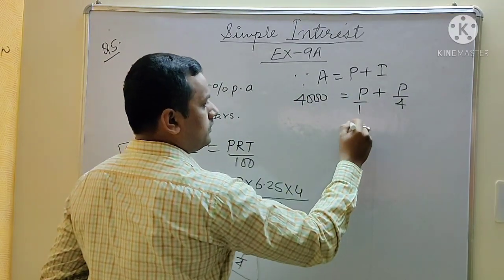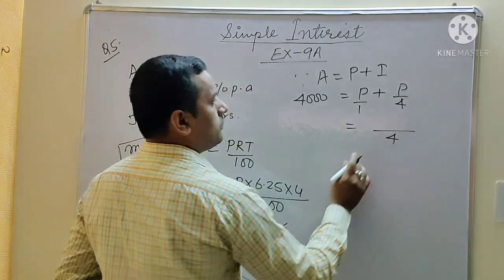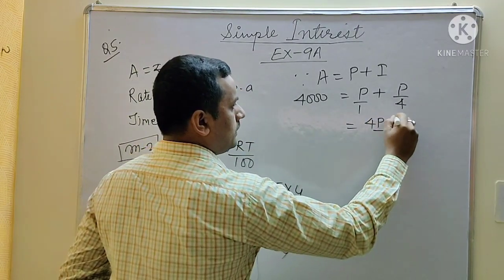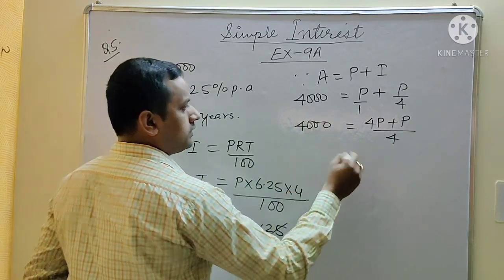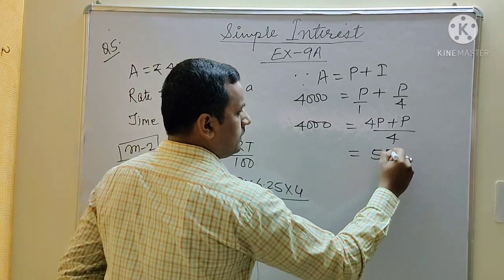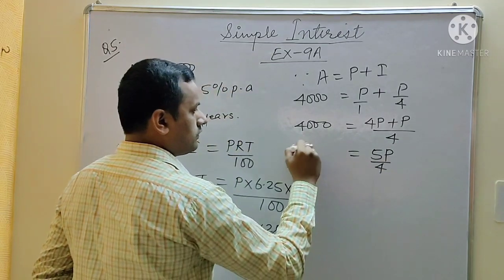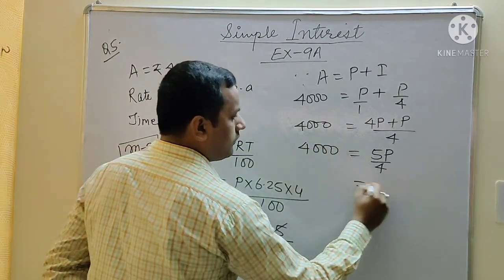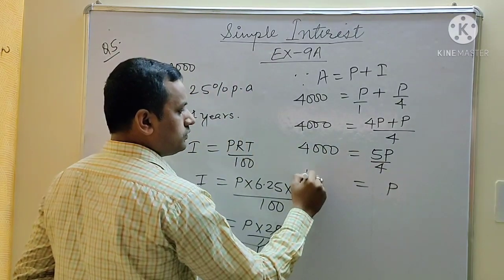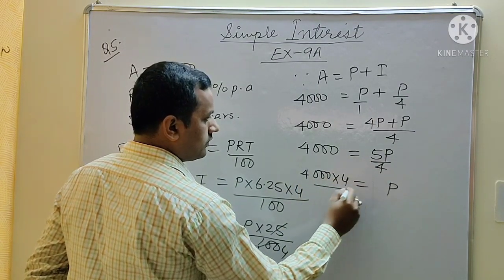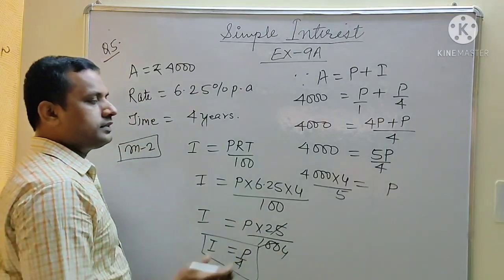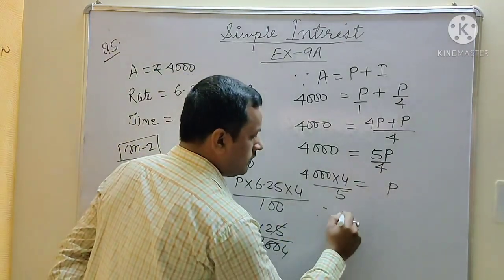First of all, we will take the LCM. 4P plus P equal to 4000. 5P by 4 equal to 4000. Therefore, P is equal to 4000 into 4 upon 5. This 4 and 5 both are transposed to the other side.